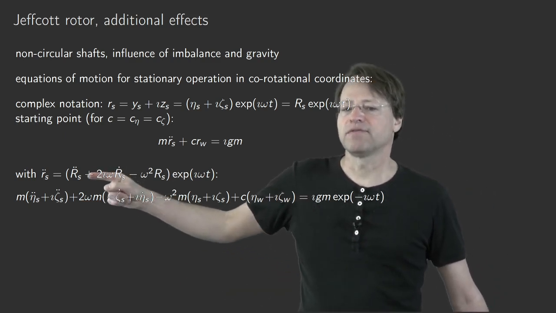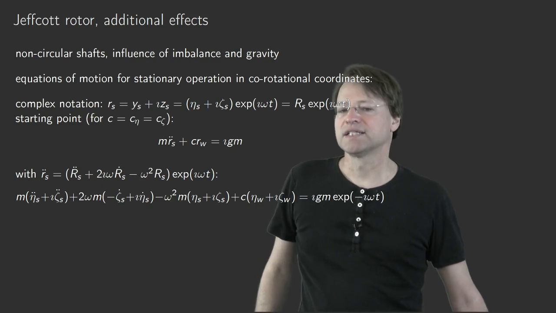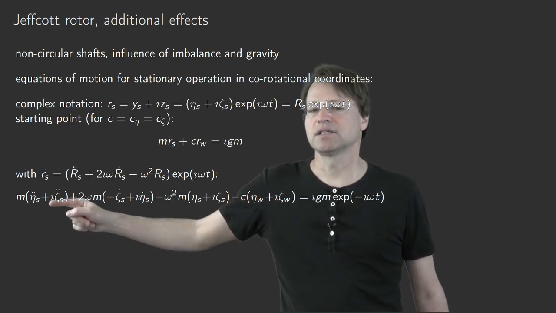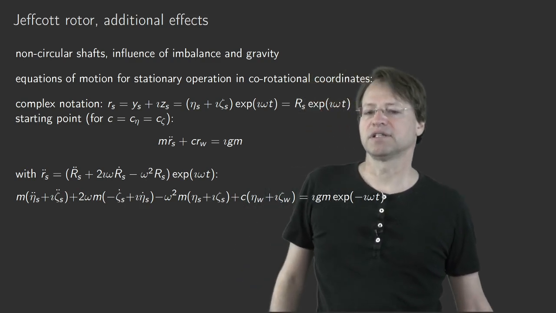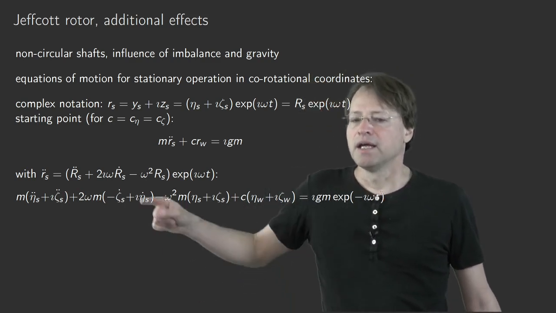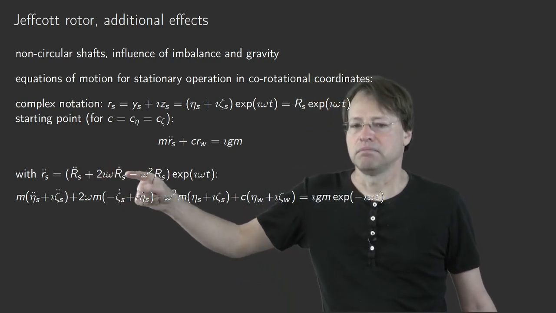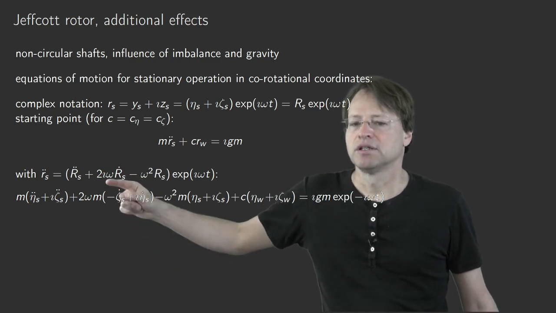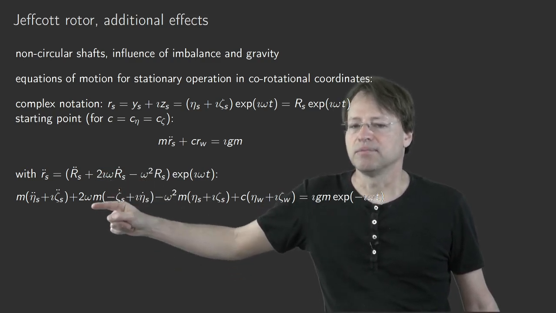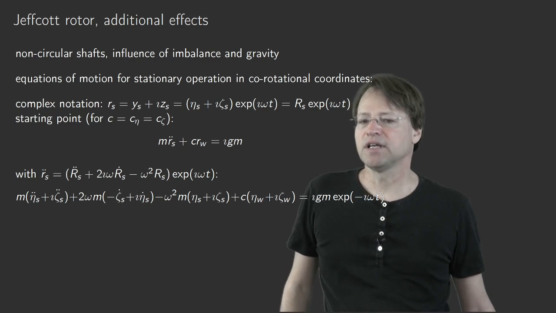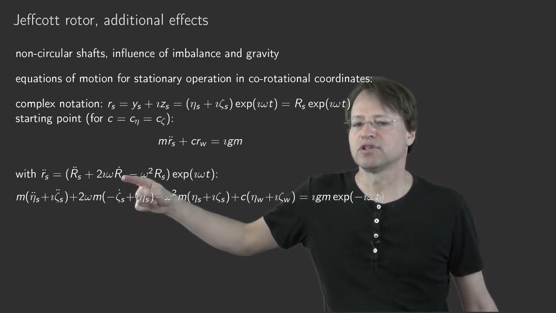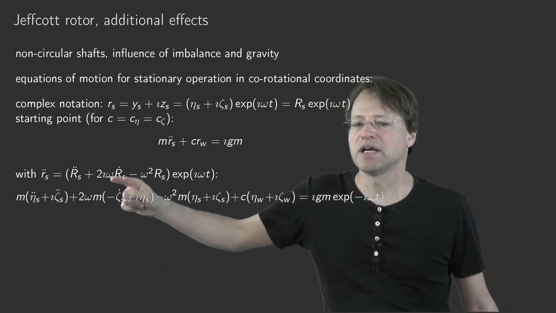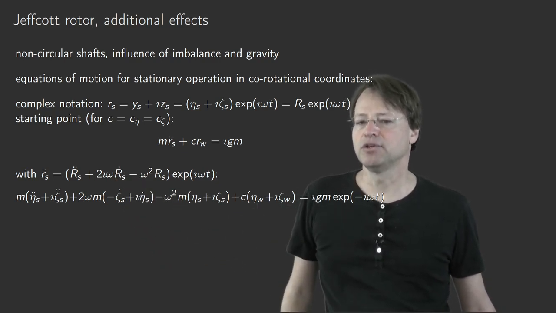So first of all, we have the second derivative of r sub s. As you can see, this is the second derivative of eta s plus I second derivative of zeta s. Next, we have that mixed term plus 2 omega times m, as we are still dealing with the inertia here. Then we have the first derivative of rs, which we have to multiply by I, the imaginary unit.